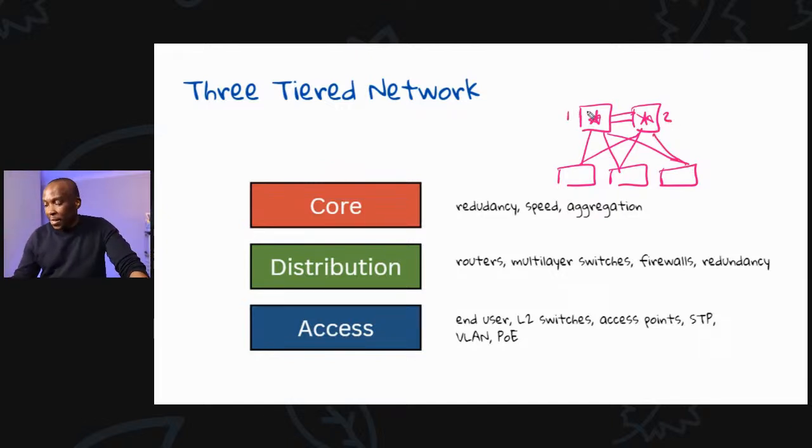In the event that this switch goes down, traffic can still flow via this switch to go to the rest of the network. So the distribution layer is there for aggregation of your access layer switches, but it also provides redundancy. And later on, we're going to be looking at the different protocols that enable for that redundancy at the distribution layer.